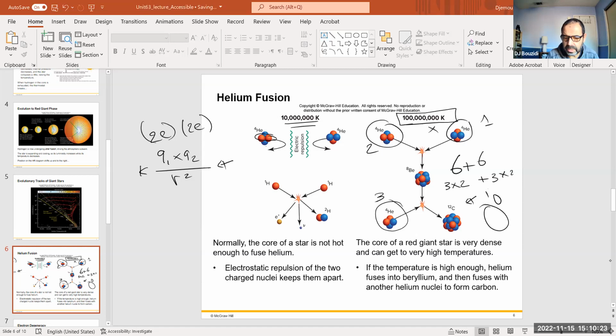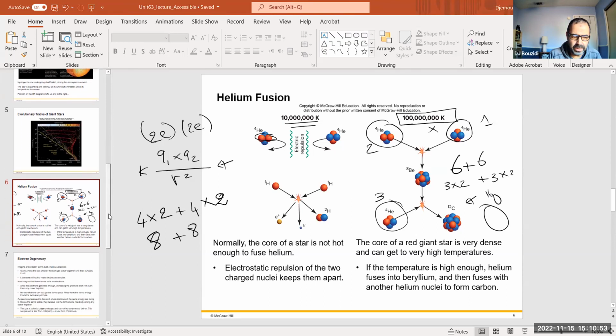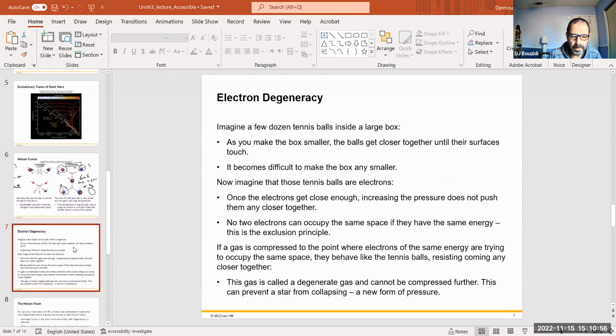Oxygen, remember, is 16, meaning you could have 4 alpha particles, each and every one bringing 2 protons and 2 neutrons to form 8 protons and 8 neutrons, and that is oxygen. So if the temperature is high enough, you could even form oxygen, okay? And this is for a little bit bigger low mass stars.